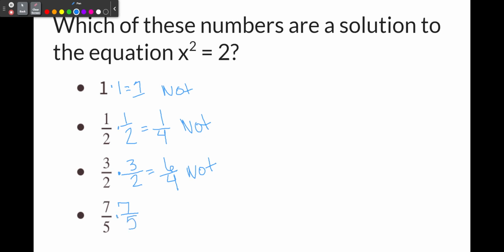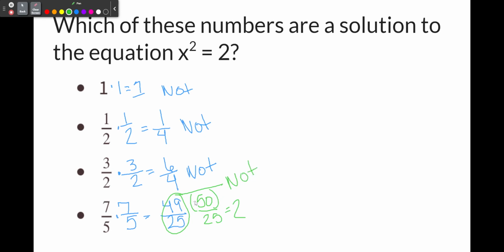7/5 times 7/5. All right, so 7 times 7 is 49, and 5 times 5 is 25. This is actually really close to 2, because if we were to take this 49 and round it up to 50, 50 divided by 25 is equal to 2, but 49/25 is not equal to 2.